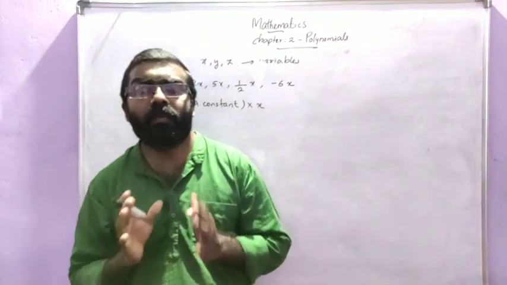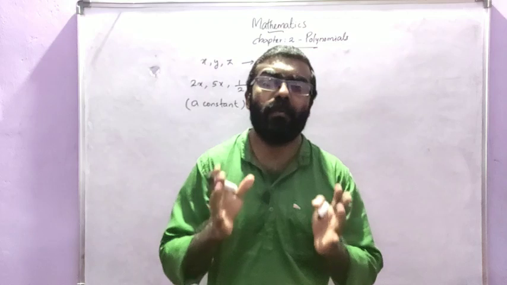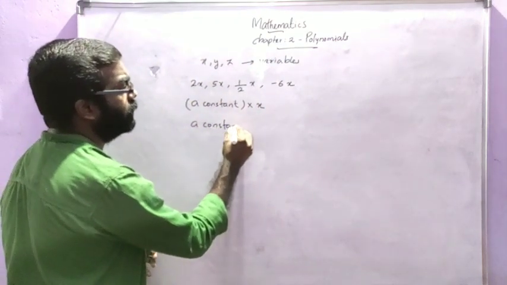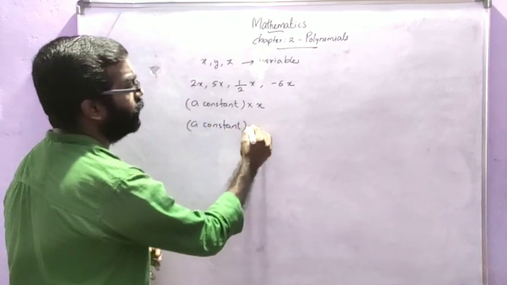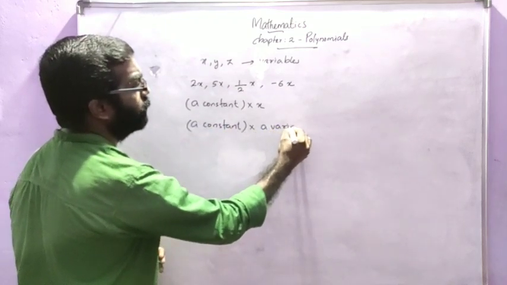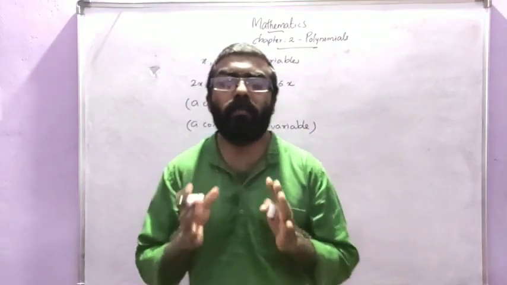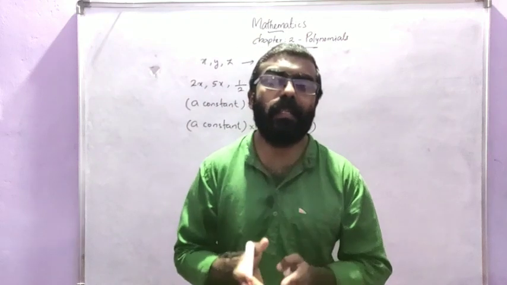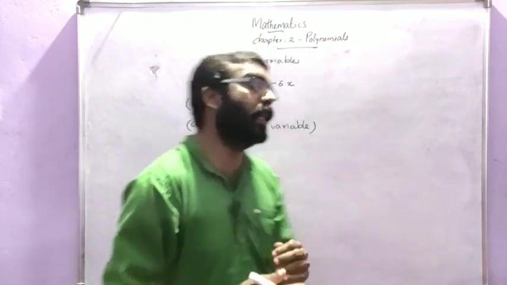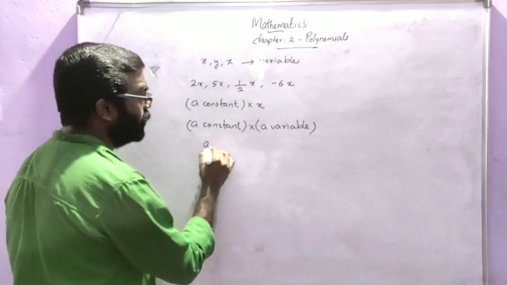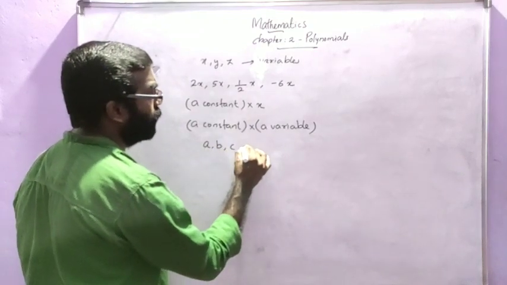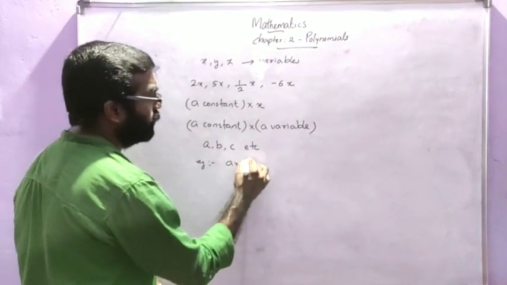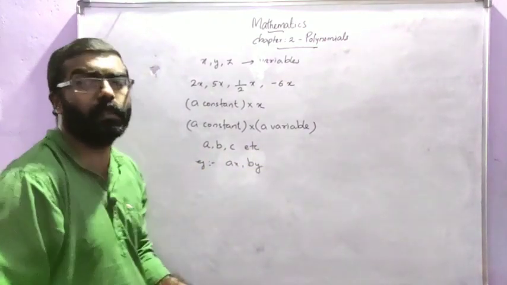Now suppose we want to write an expression which is a constant into a variable, and we do not know what the constant is. In such cases, we write the constant as a, b, c, etc. That is, it is denoted by small letters a, b, c, etc. For example, ax, by or something like that.